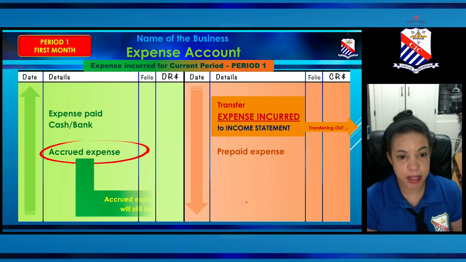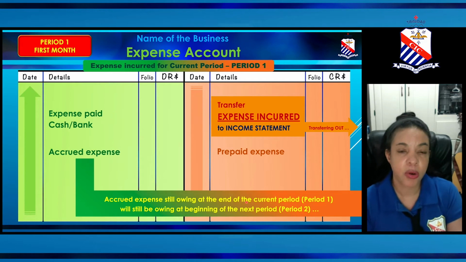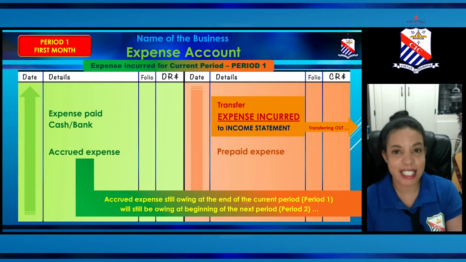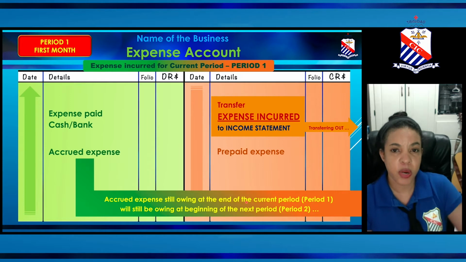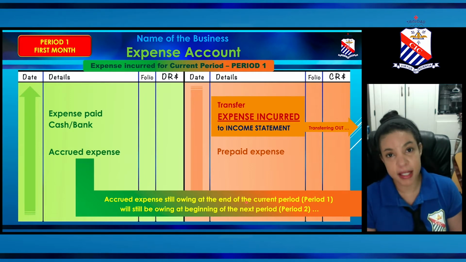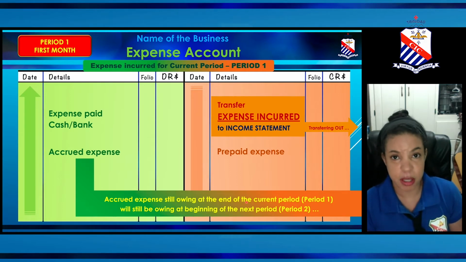So what has to happen is that the accrued expense still owing at the end of this particular period has to be carried forward or carried down to the next period as a liability, because it is still owing. So it affects this period as it was incurred in this period, but in the following period it still has an effect because it is still owing and therefore has to be paid in that period.